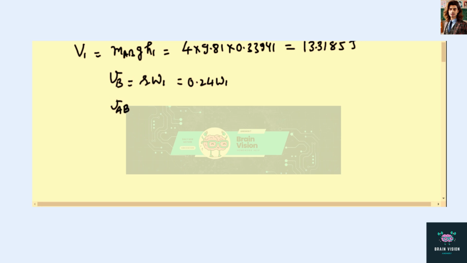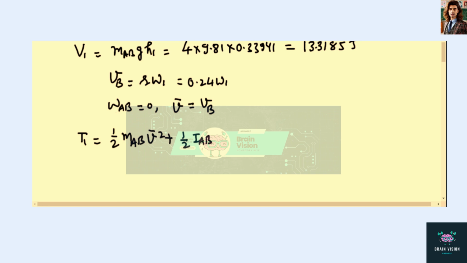Angular velocity of rod AB will be 0 and velocity of center of mass will be equal to velocity of B. So total kinetic energy at this position is kinetic energy of translatory motion, kinetic energy of rotational motion, and kinetic energy of rotation of the wheel.